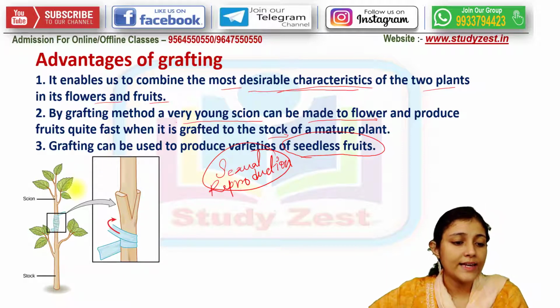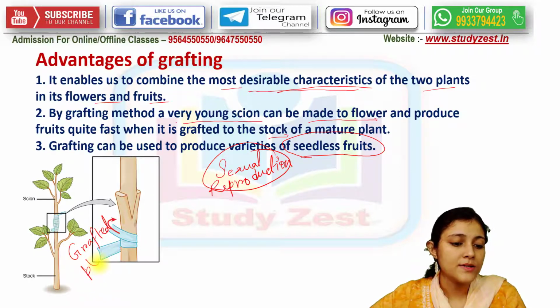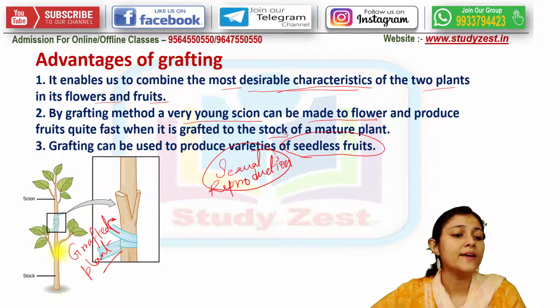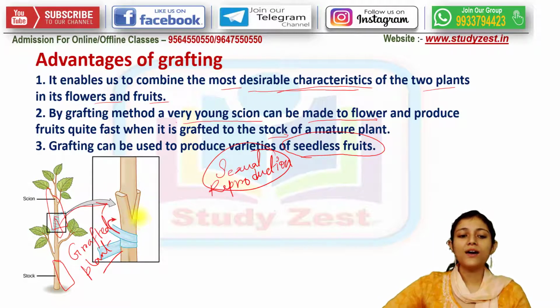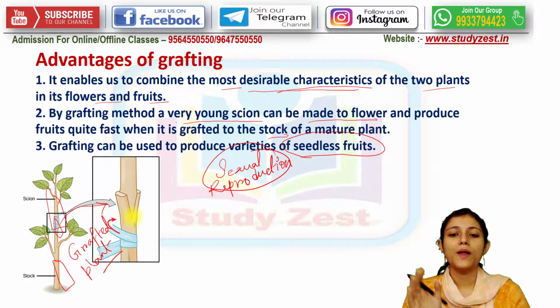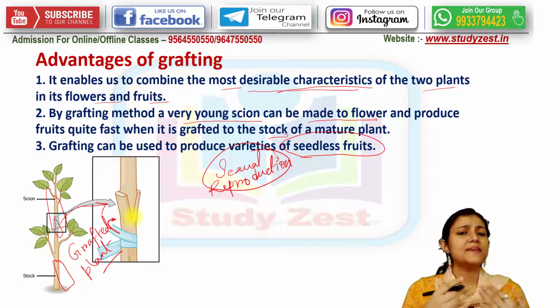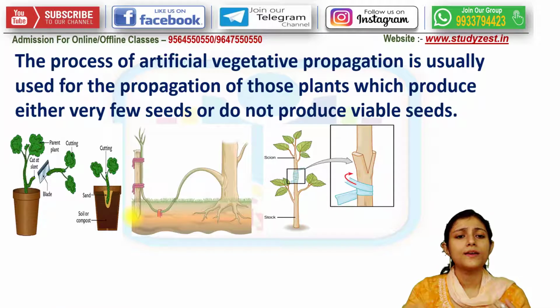Here you can see the grafted plant, where the stalk and the scion are joined, and ultimately it gives rise to a new plant. So these are the basic advantages of it.